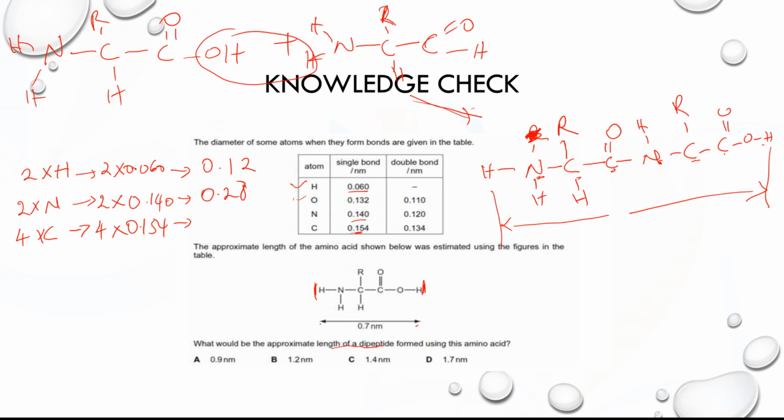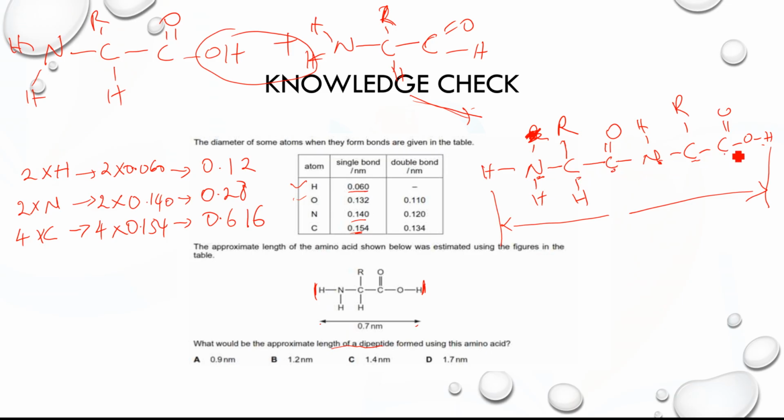Four times 0.154 gives us 0.616, I guess.